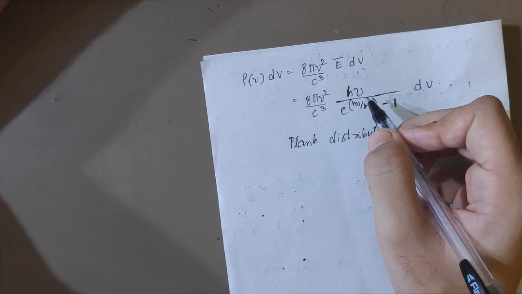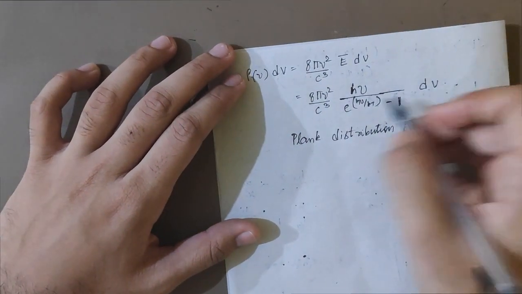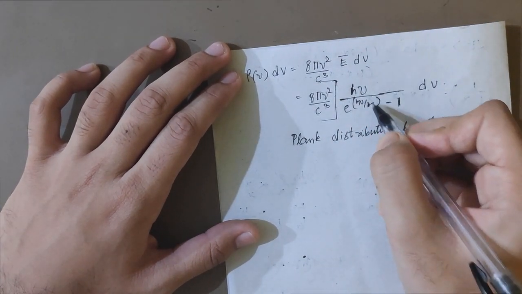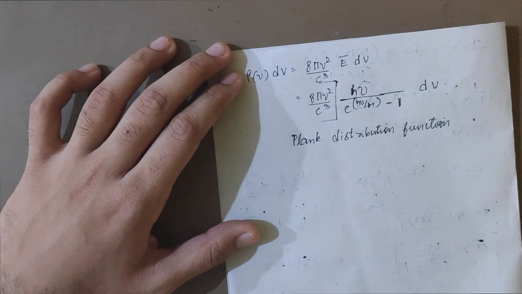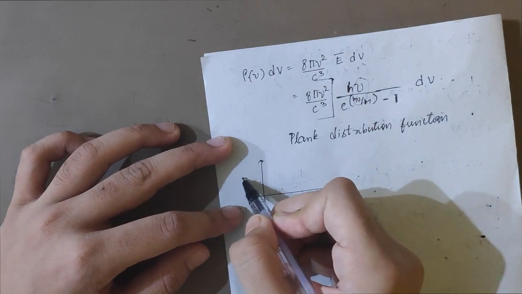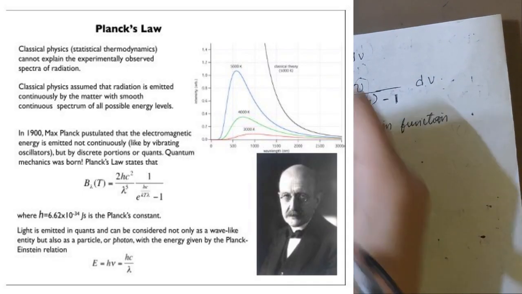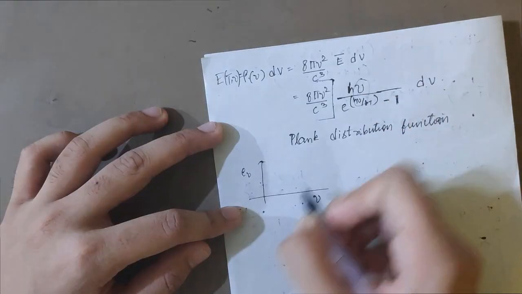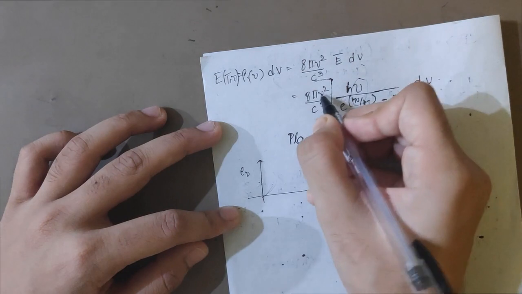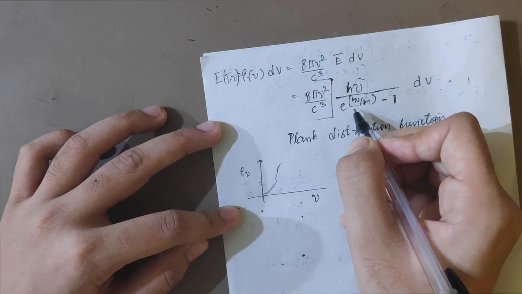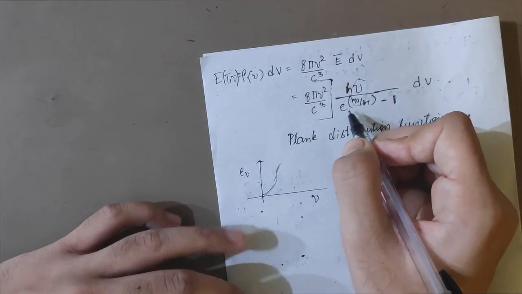Now one thing we notice here is that this function has the same mu squared but also has an h mu by e to the power of h mu by kBT, so mu comes here as well. Now if you plot this function as a function of mu, the energy density as a function of temperature and frequency, we have an initial rise as mu squared increases, and then the exponential, 1 by e to the power x, brings the function down.